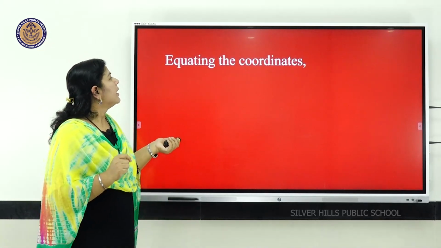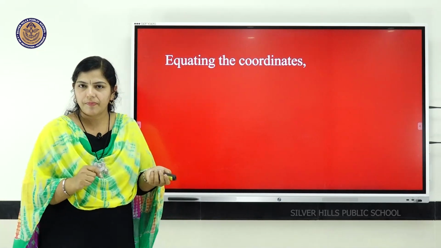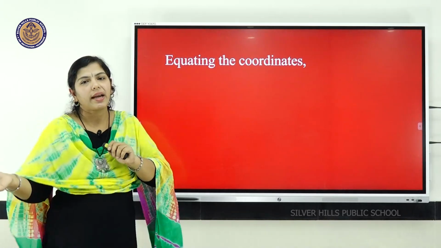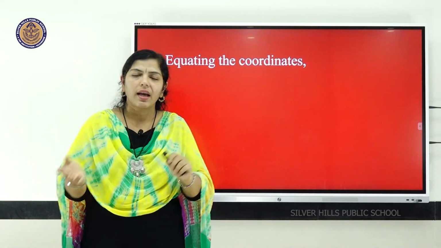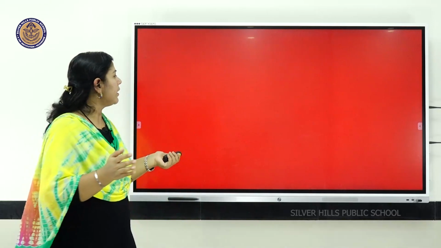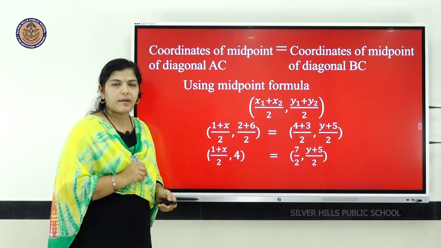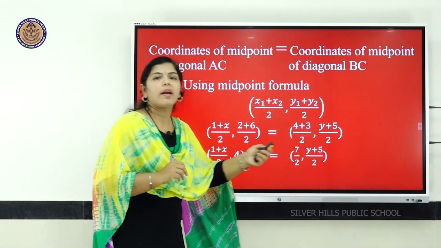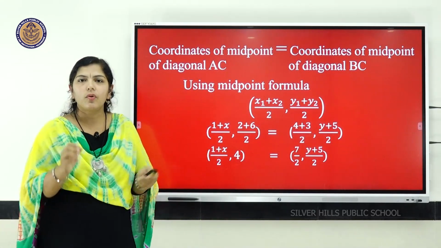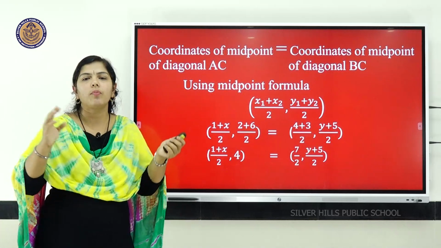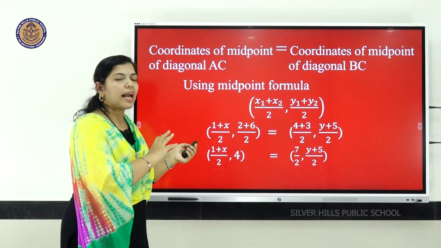So, let us equate the coordinates. Both sides of the equation are equal, so we can equate the x coordinate to the x coordinate and the y coordinate to the y coordinate, isn't it? Both sides are the same values.